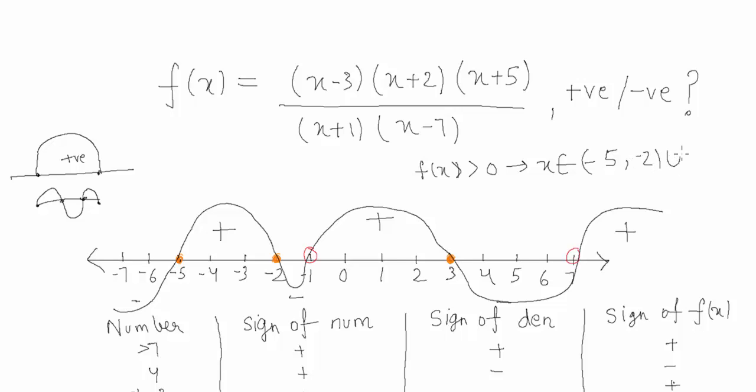And then union, where's the next positive interval? Well, this is from -1 to 3, and then union the next positive interval from 7 to infinity. So hopefully you can see the pattern here, and you can get the sense of how this method might work.